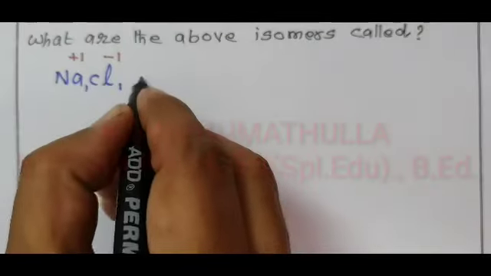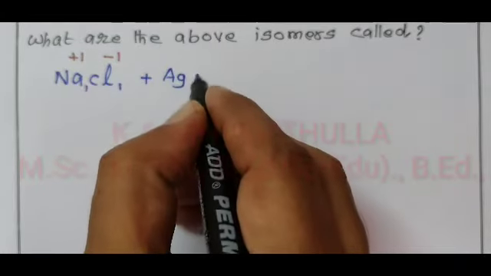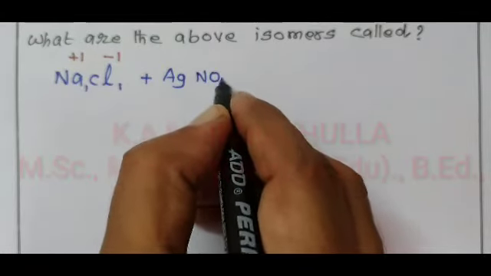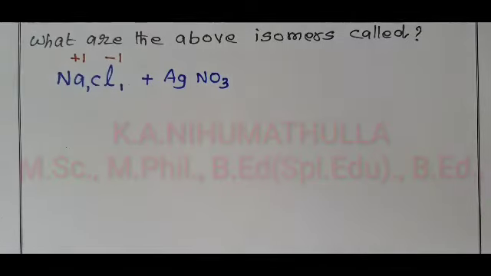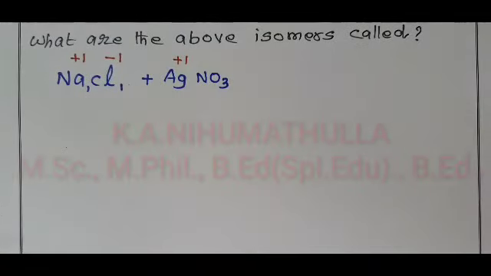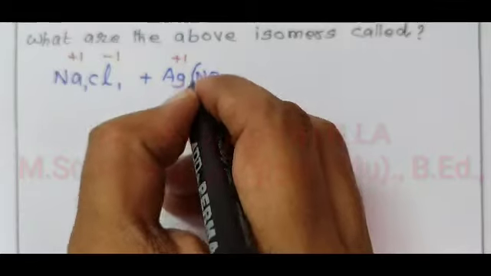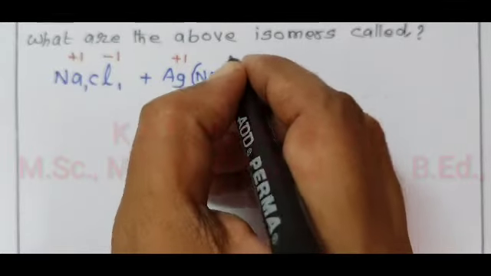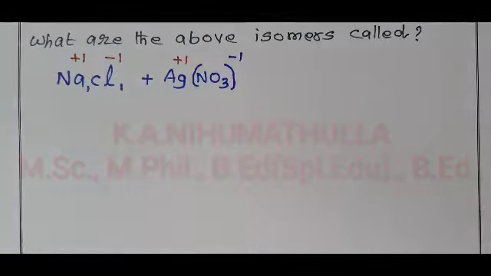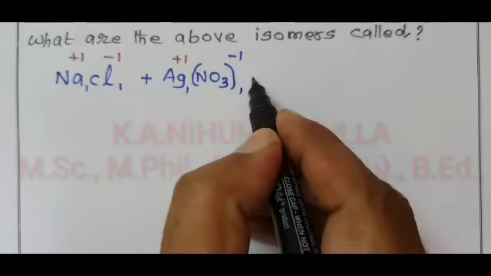When treated with AgNO3, silver nitrate solution, Ag is monopositive +1, and in nitrate, nitrogen is +5, each oxygen is -2, so 3 oxygens are -6. Therefore, when we add, we get -1.